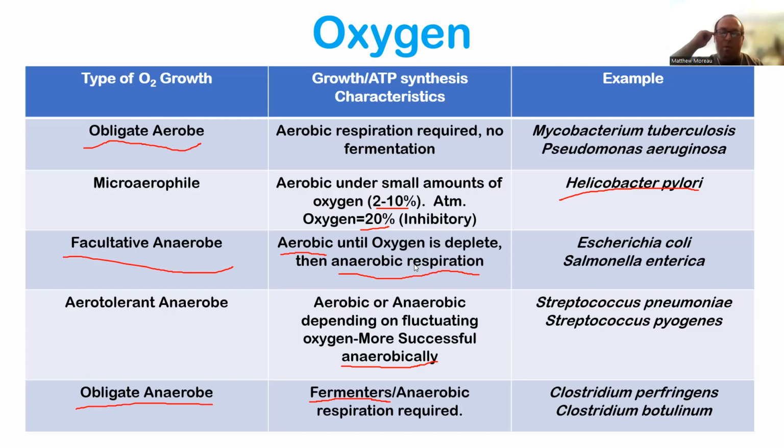And this is for a number of different reasons, but a lot of it has to do with the fact that oxygen can replace certain parts of their biochemical pathways that are already set up to engage with anaerobic things like anaerobic terminal electron acceptors, etc. And so when oxygen replaces those, the enzymes cannot bind oxygen, and therefore those enzymes no longer work, and then they can't create ATP, and then they die.